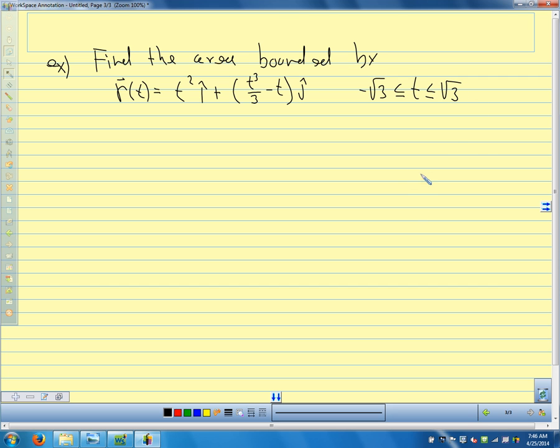If we graph this in our calculator, I wouldn't know what this looked like without putting it in my calculator. This ends up looking something like this.